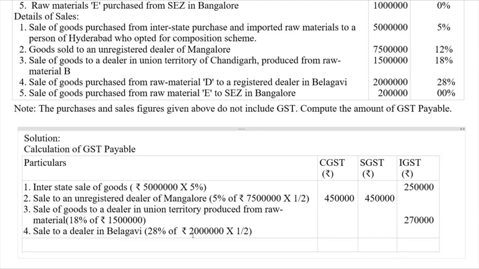so 5 lakh 60 half, that comes to 2 lakh 80,000. So here also 2 lakh 80,000.